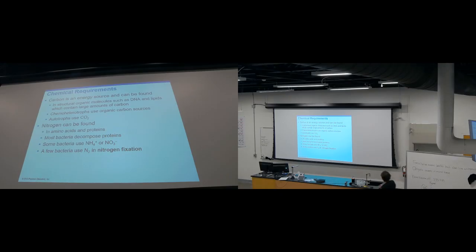So most bacteria can decompose proteins. Another source where bacteria can get nitrogen can be ammonium or nitrate, and elemental nitrogen. N2 is elemental nitrogen.